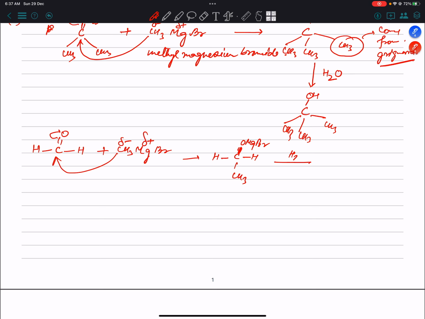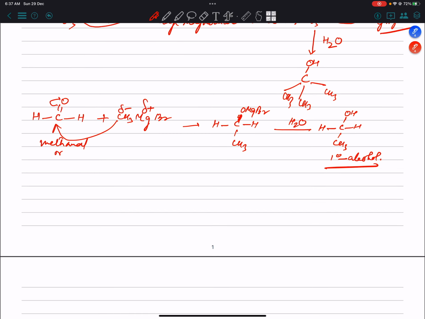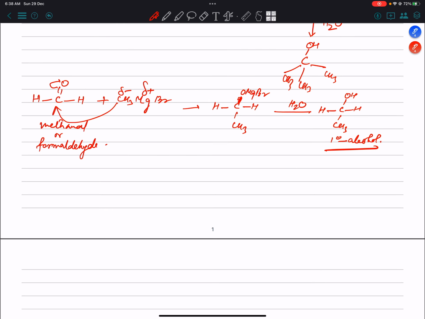Now further hydrolysis gives H-C-OH with H and CH3. So this is a primary alcohol. If you want to make primary alcohol by Grignard reagent, then you have to do the reaction with methanal. The common name of methanal is formaldehyde. Methanal is the IUPAC name and formaldehyde is the common name.